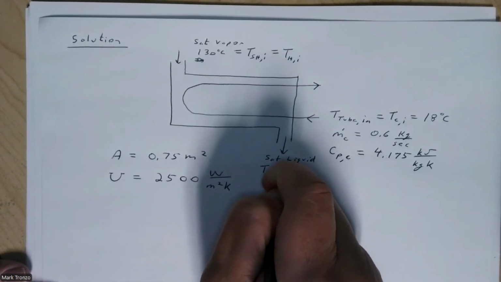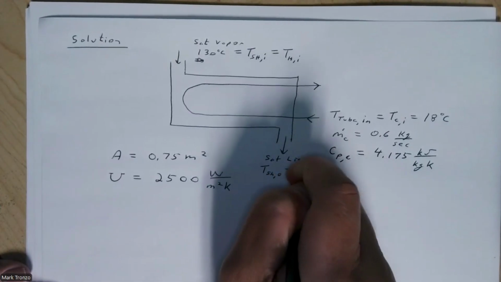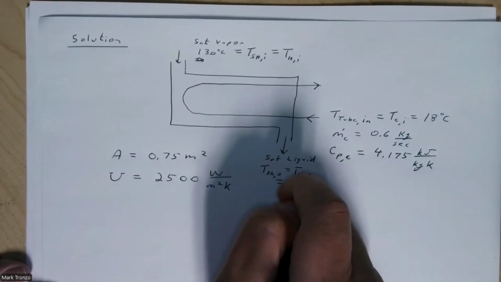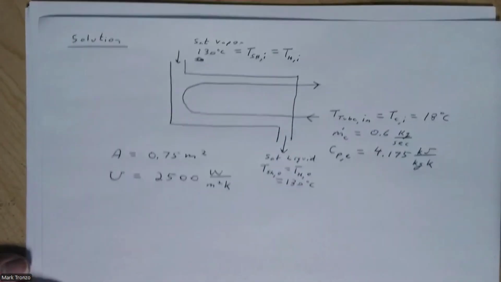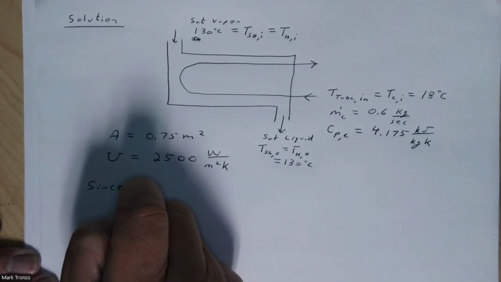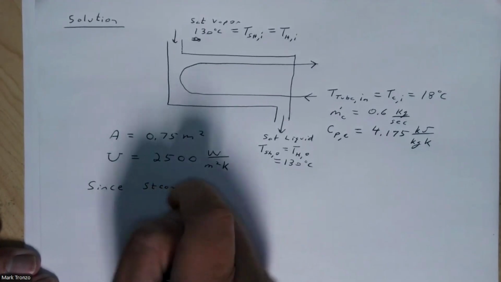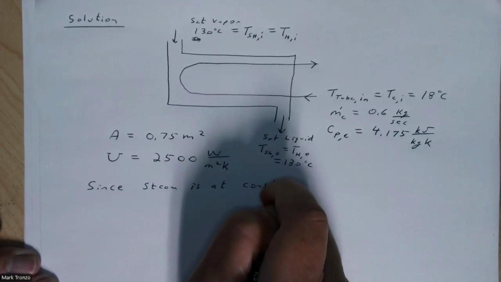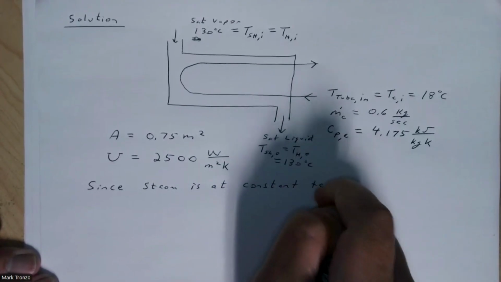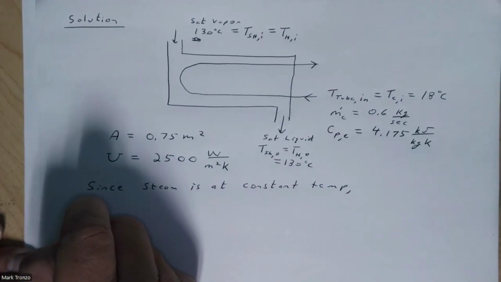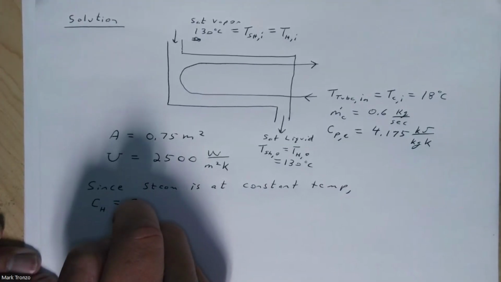So the shell out, which is the same as the T hot out, is also going to be 130 degrees C. So again, since the steam is at a constant temperature, then as I said before, the hot fluid is going to be your C max.